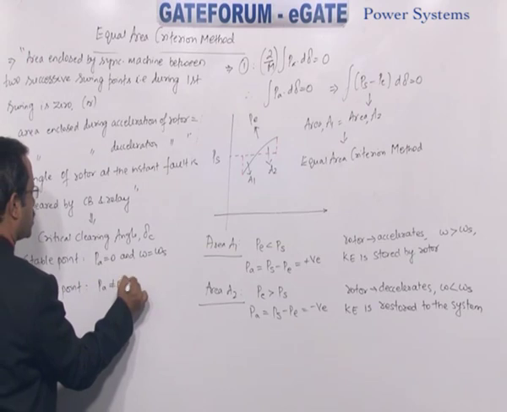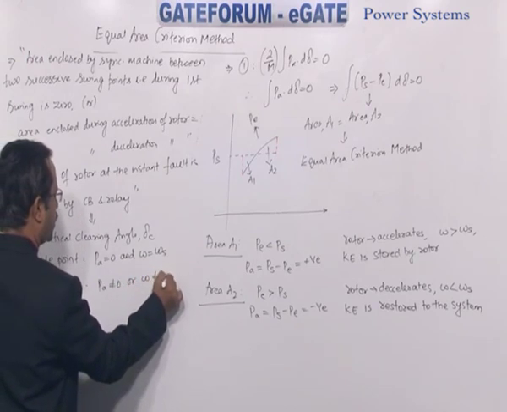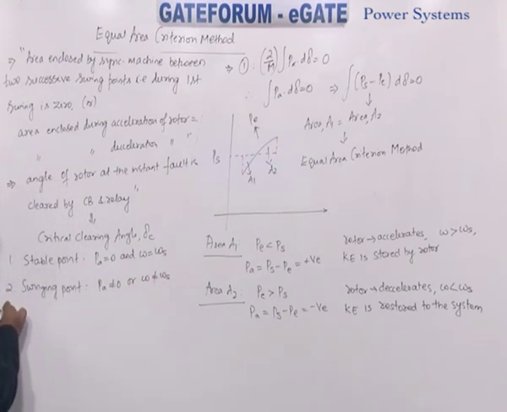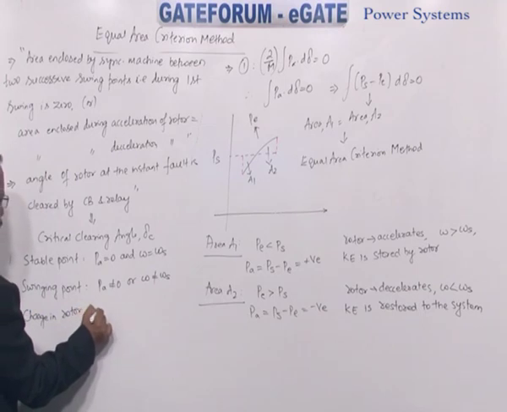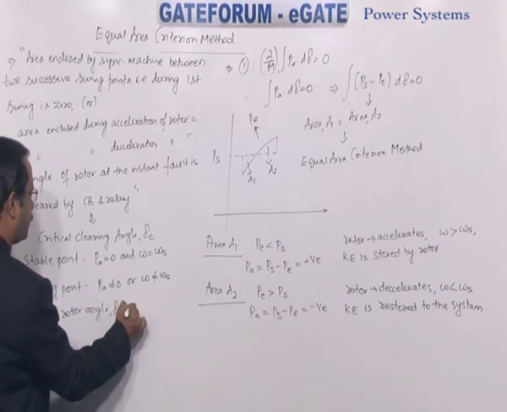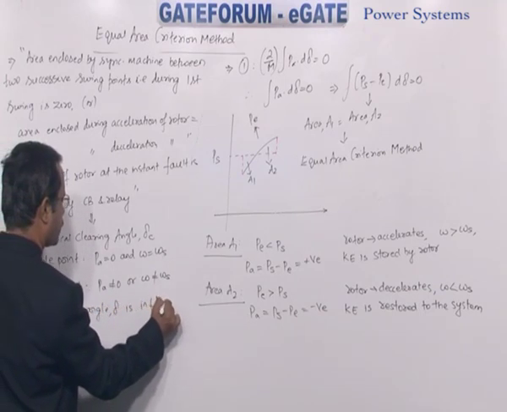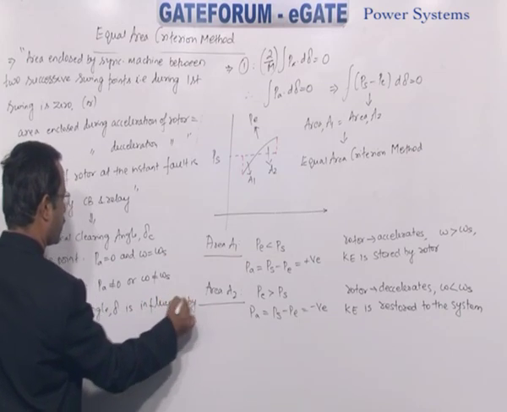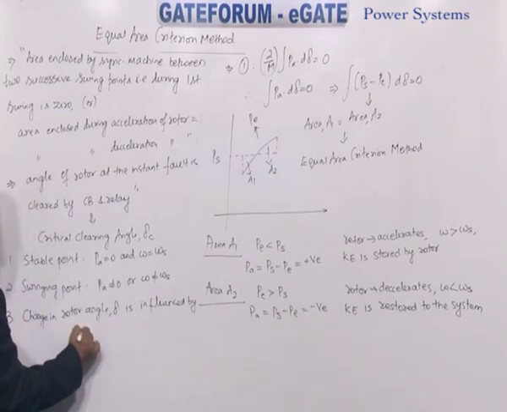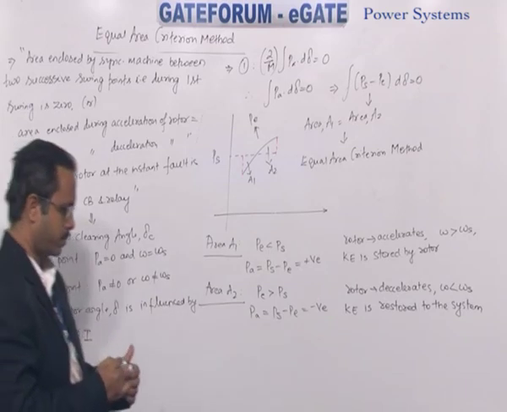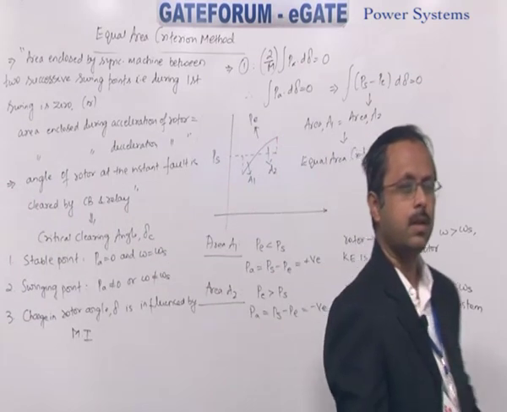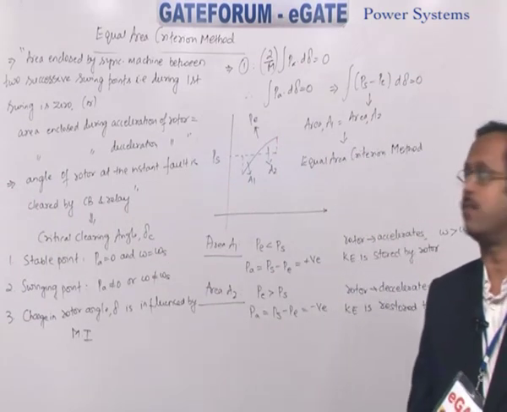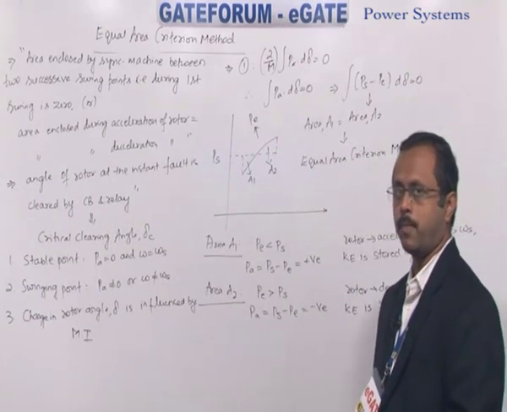PA not equal to 0 or omega not equal to omega S. Further, the change in the rotor angle delta is influenced by the moment of inertia. So these are the three assumptions of the equal area criterion method.